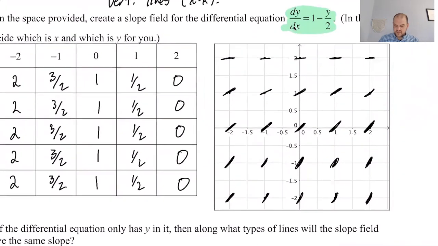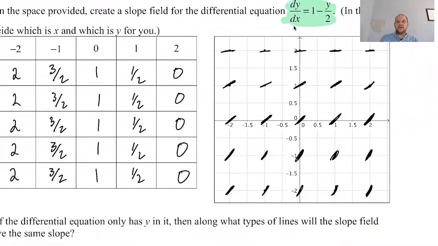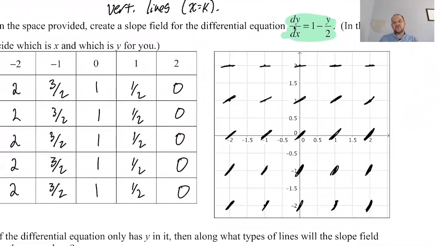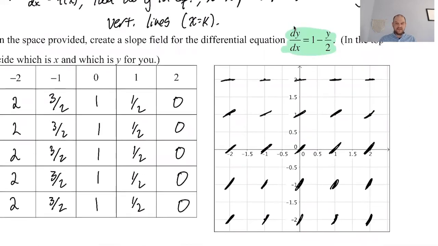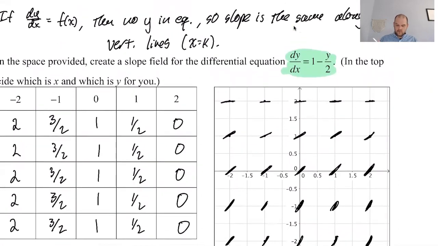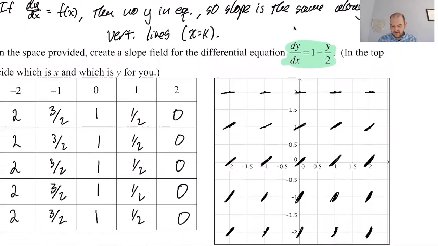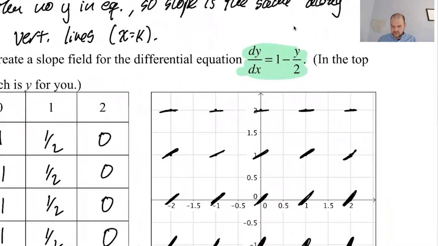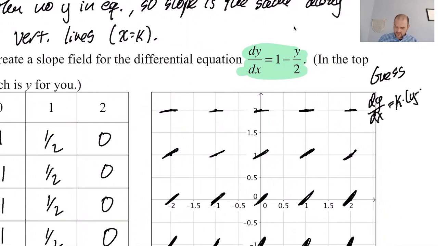One of the things I do want to highlight though is you can tell that because the slopes are always 0 when y is equal to 2, the differential equation should be something like a constant times y minus 2. That would have been my guess, right? So doing this problem, I would have guessed that dy/dx is some constant that I don't know times y minus 2.